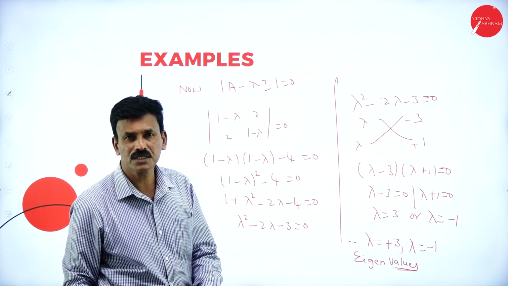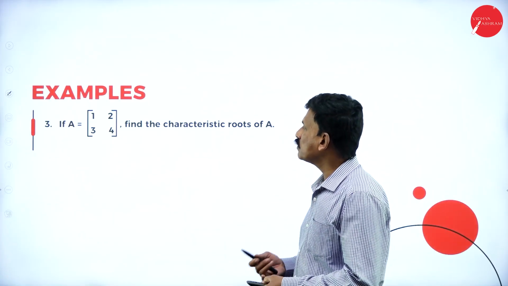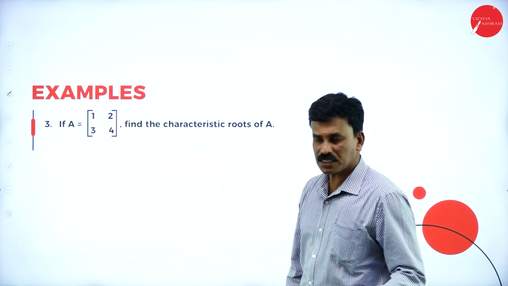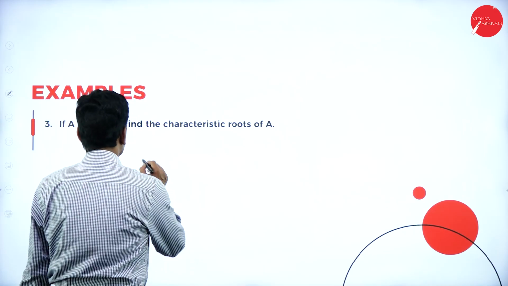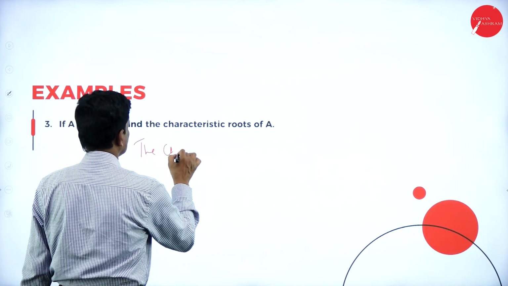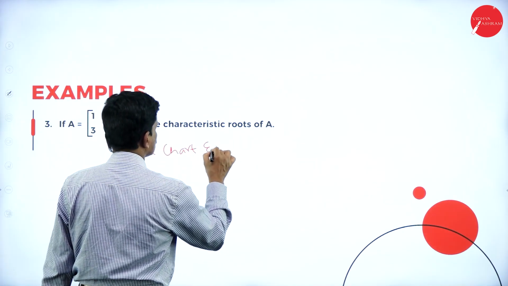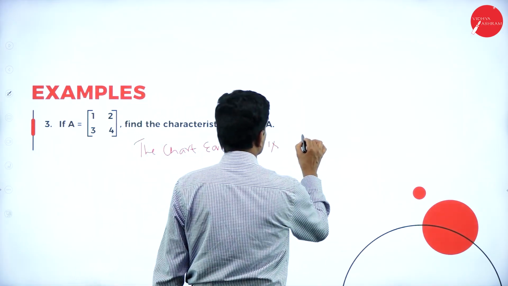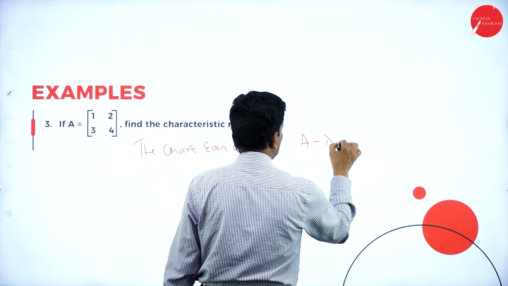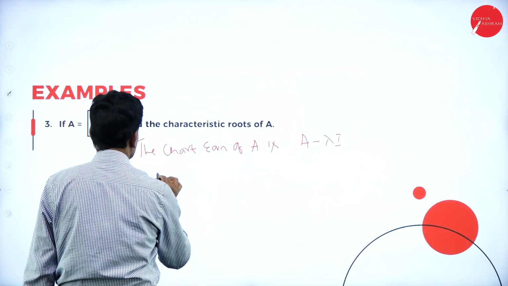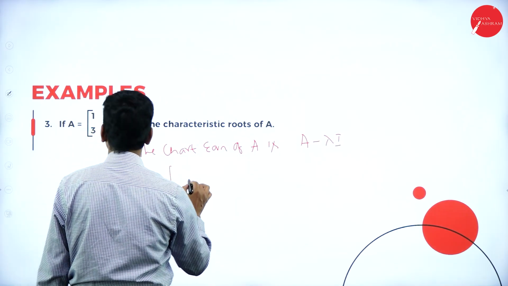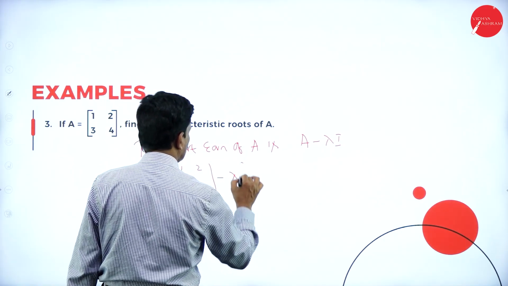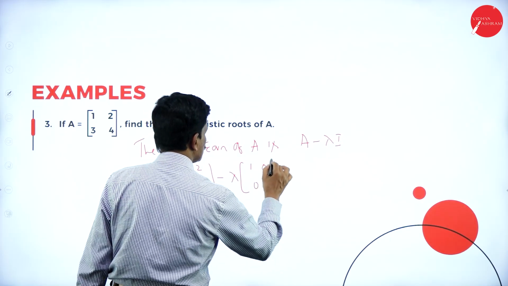Hope you followed, right? Now, let us move on to the third problem. If A is equal to [1, 2; 3, 4], find the characteristic roots of A, that is nothing but the eigenvalues. Same: the characteristic equation of A is A minus lambda I. What is the A matrix? [1, 2; 3, 4] minus lambda into [1, 0; 0, 1].